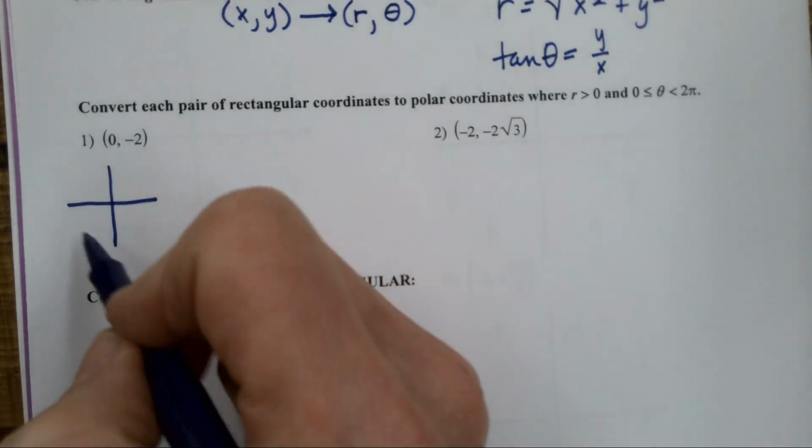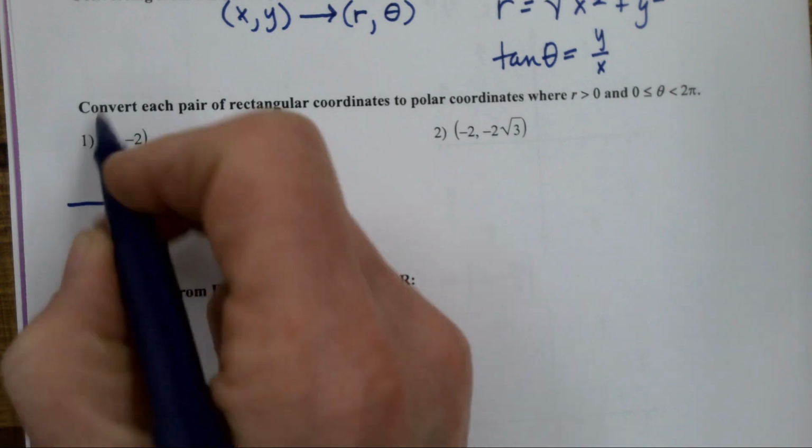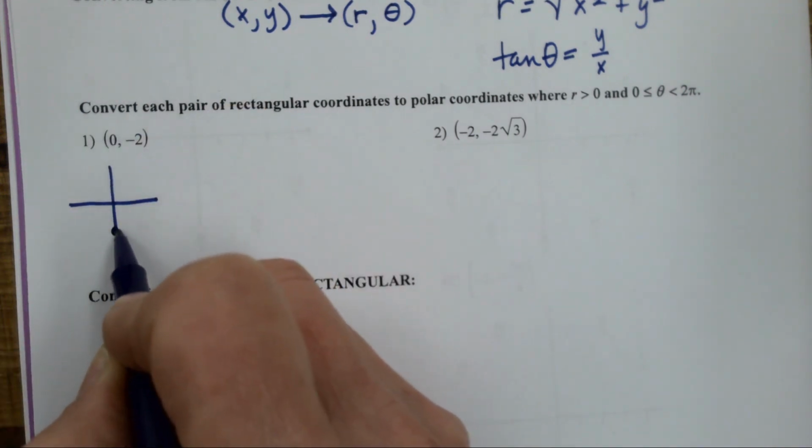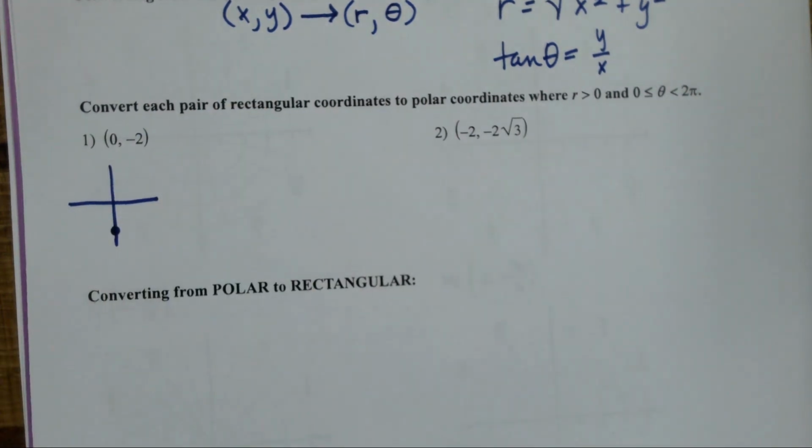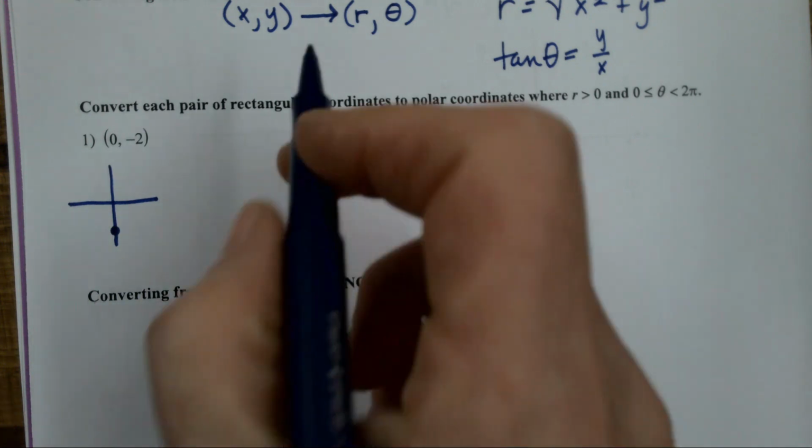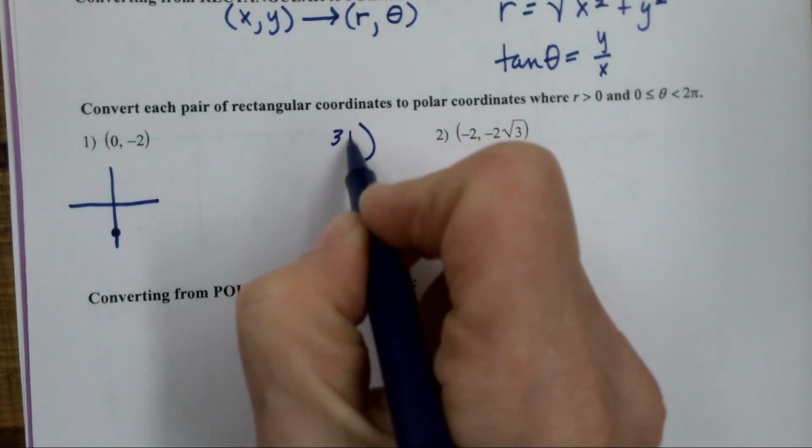It has to do with the unit circle. If I plot this point on a rectangular grid, I am right here. That's an XY coordinate. And if I were to superimpose the unit circle over the top of this point, it would line up perfectly with 3 pi over 2.